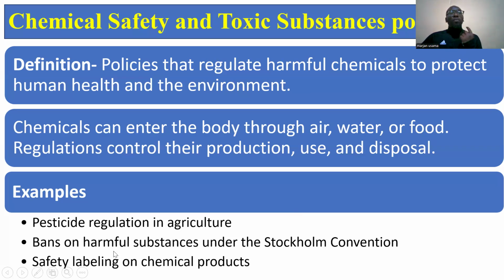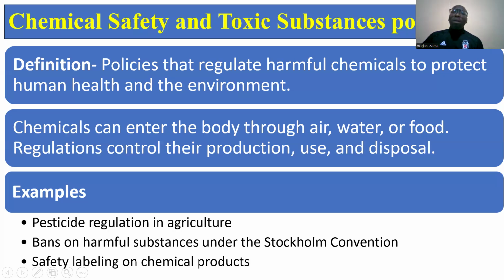Then we have bans on harmful substances under the Stockholm Convention. Is it in Norway? This is a convention in Norway, I think, or Sweden. But also in our countries, we can have policies to ban harmful substances. Then number 3, safety labeling on chemical products.